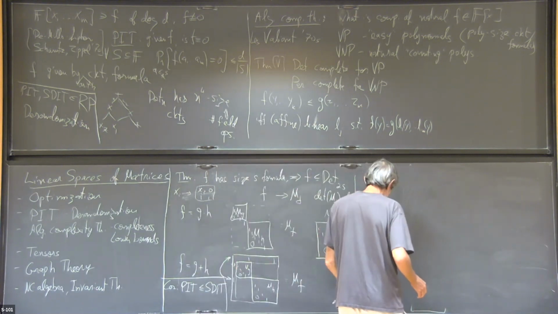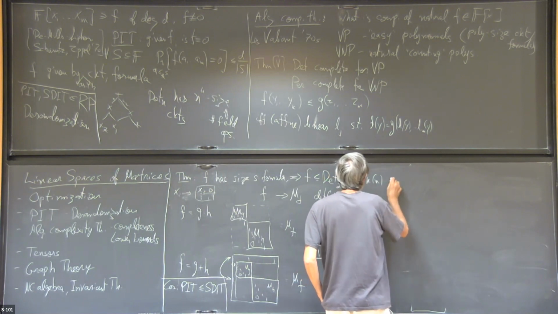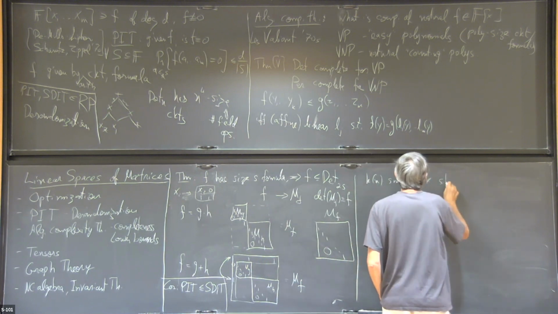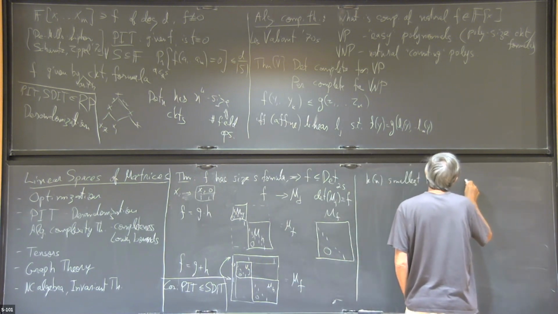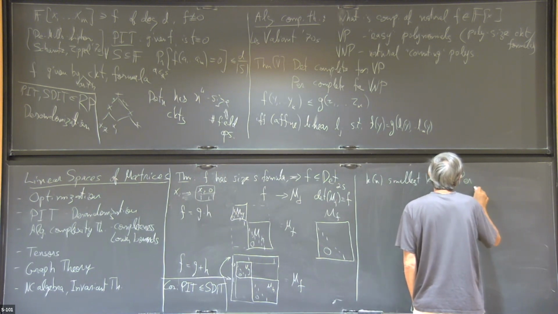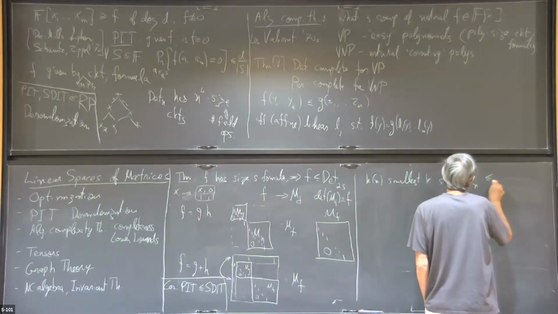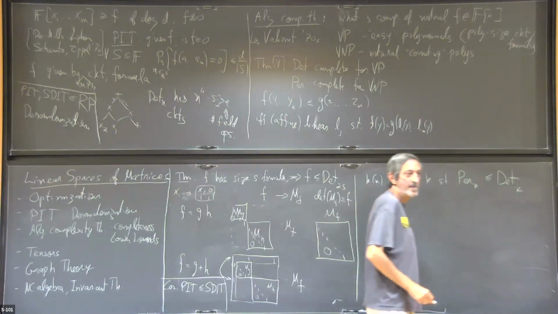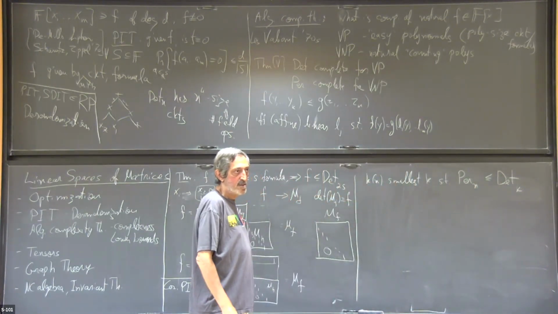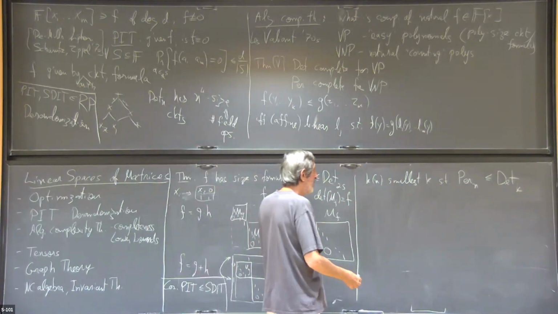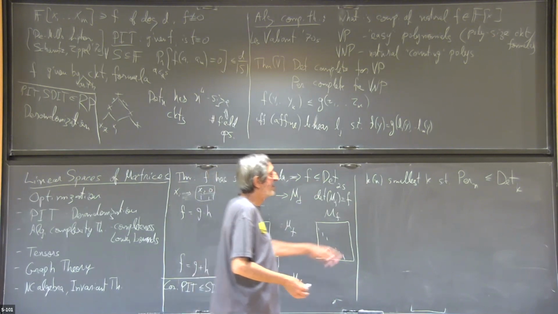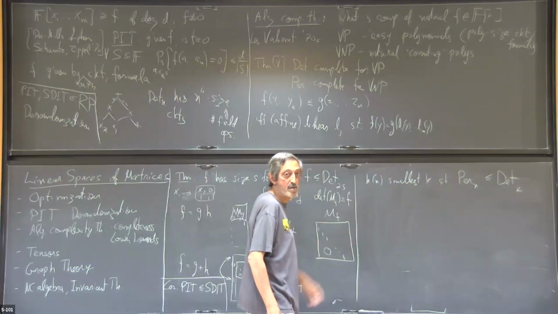Let's define K of n to be the smallest K such that n by n permanent matrices are reducible to determinants of K by K matrices. So basically, the VP versus VNP question is whether this K of n can be polynomial in n or not.